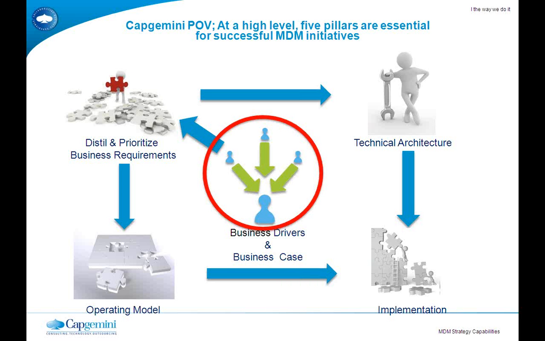But before I go into that, I want to make a point that's really important from our perspective and our experience: when you look at these 5 pillars, the one on the top right, the technical architecture, is the one we want to make the smallest and the most simplified. And to do that, we've got to be very effective on all the other pillars.